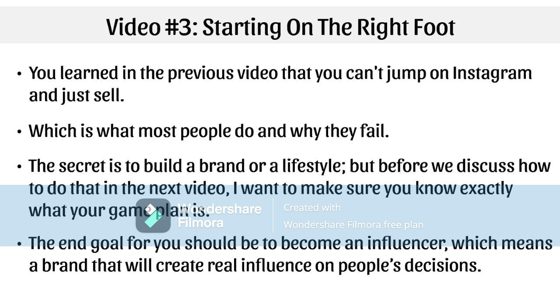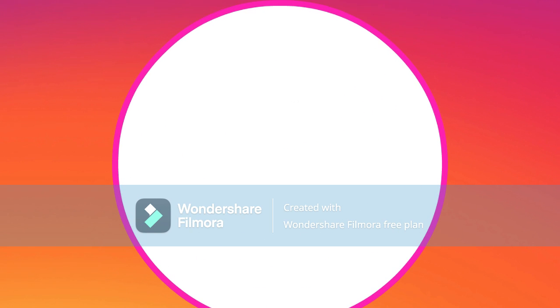So the end goal for you should be to become an influencer, which means a brand that will have real influence on people's decisions. You can influence people by the pictures that you post, basically. And people are waiting for that kind of stuff. They want ideas, they want inspiration, they want quotes.